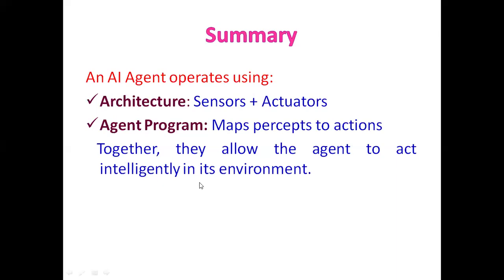Together, they enable the agent to interact with the environment and make intelligent decisions. This integration allows the agent to adapt, learn, and perform tasks autonomously. That is why we call it artificial intelligence.